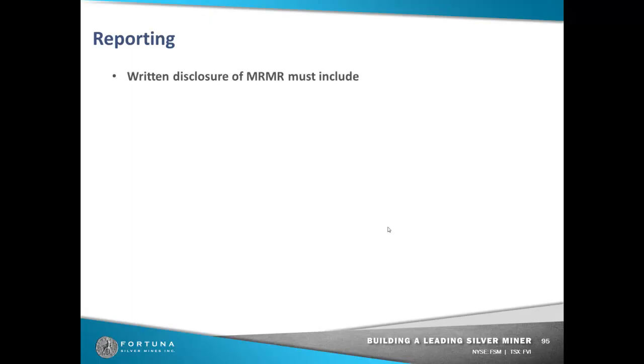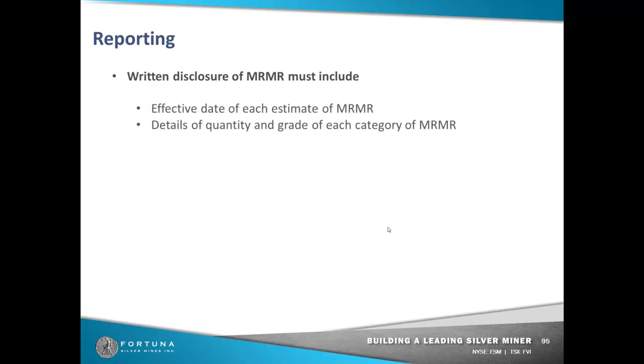So in terms of mineral resources, mineral reserves, in terms of any type of written disclosure, when those numbers are being reported, the following have to be taken into account. The disclosure must include the effective date of each estimate of mineral resources, mineral reserves, and the details of quantity and grade of each category of resources and reserves. So it must report inferred, indicated, measured, and proven and probable separately.